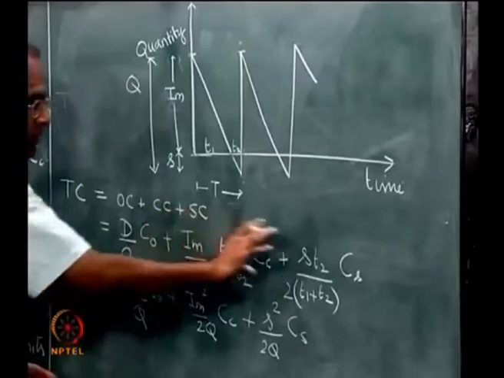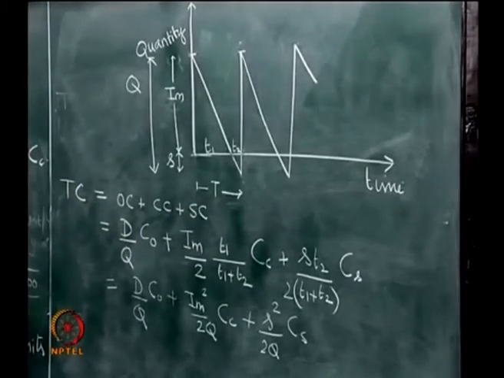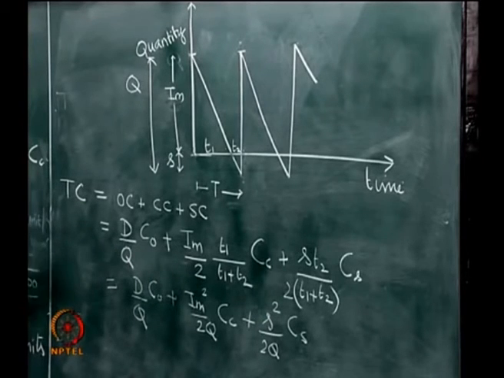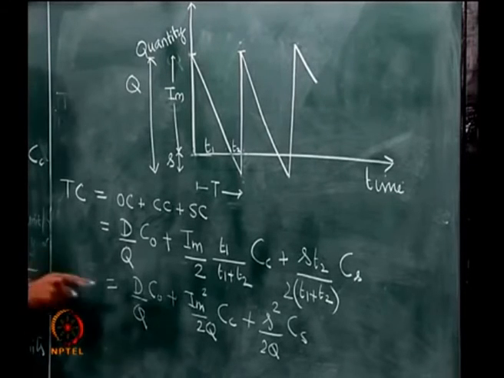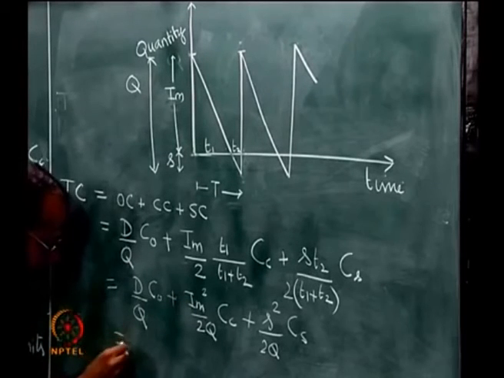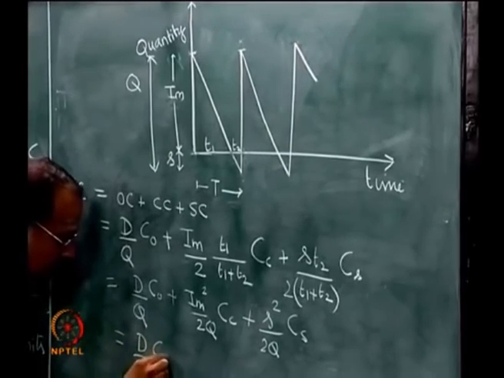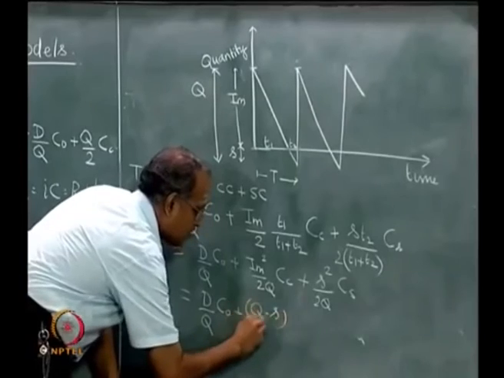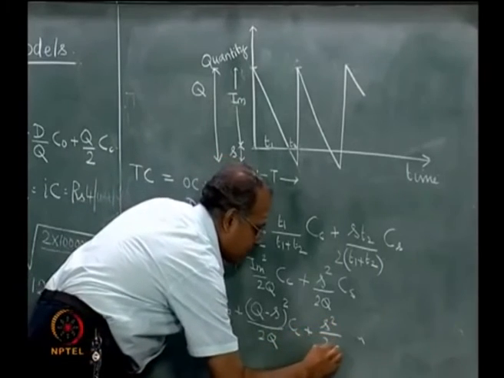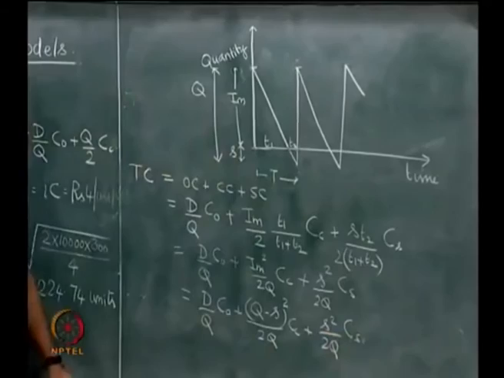So now we have eliminated the T1 and T2 from this, because they are related to Im and S. Now we have only 3 unknowns, which are Q, Im and S, and we also know that they are related because Q is equal to Im plus S. So what we do now is we eliminate Im by substituting Im is equal to Q minus S to get d by Q into C naught plus Q minus S the whole square by 2Q into Cc plus S square by 2Q into Cs.